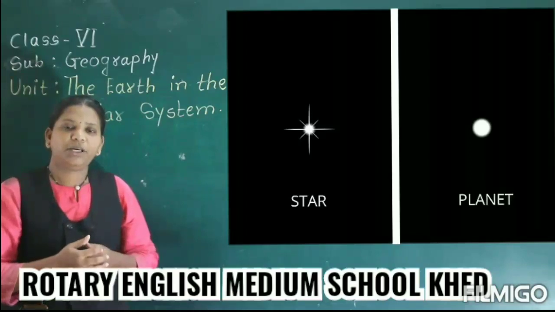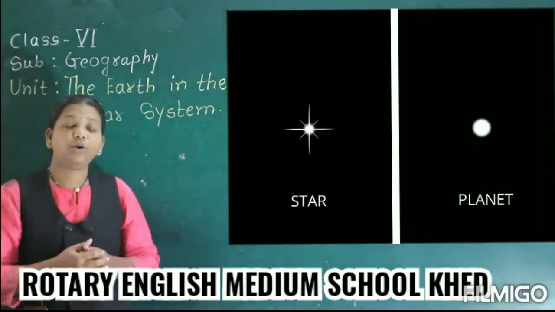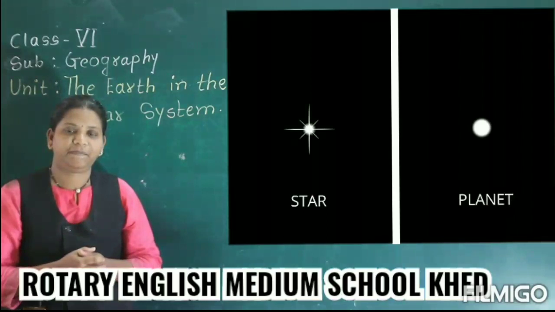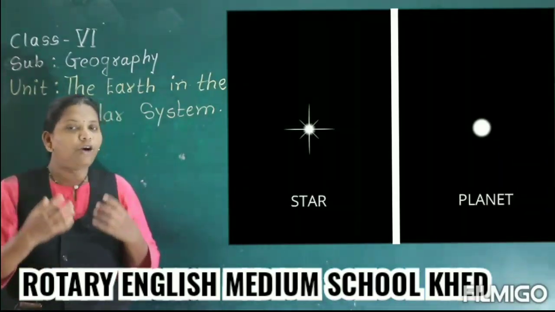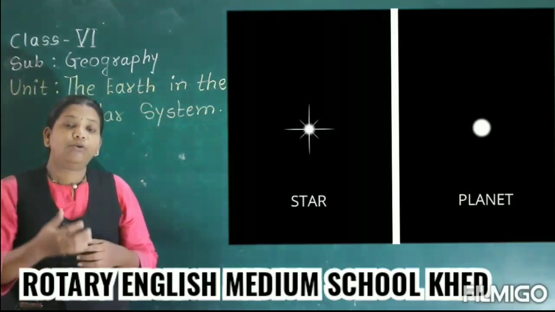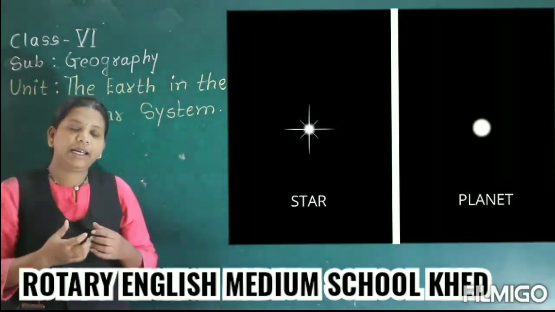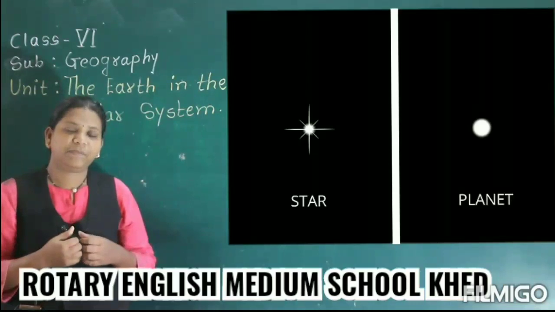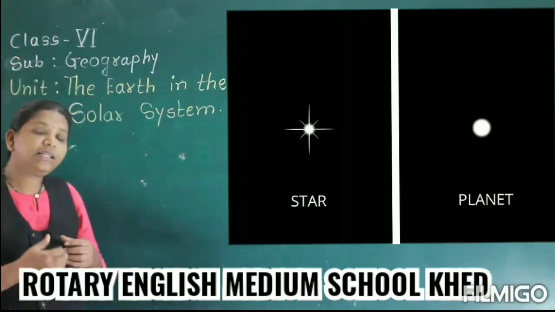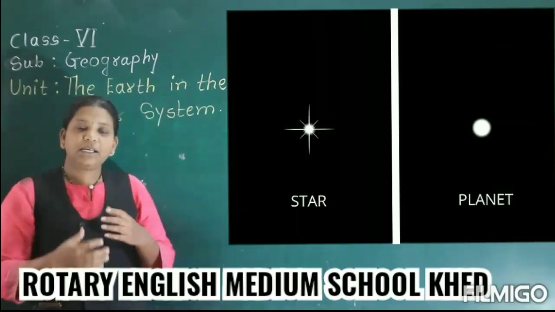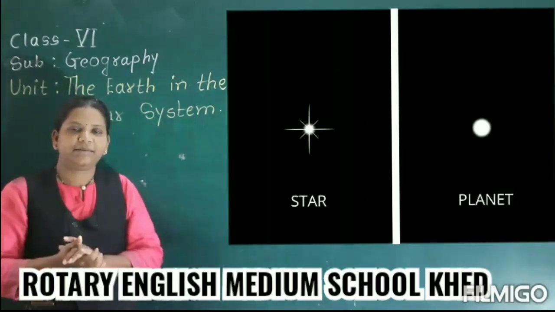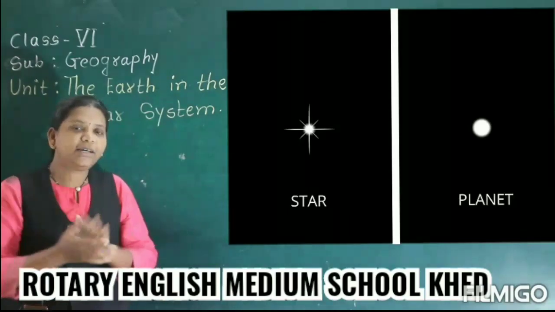Some celestial bodies do not have their own light. They are lit by the light of the stars. Here we consider the light of the sun on our earth. Such things are planets. So what is a planet?